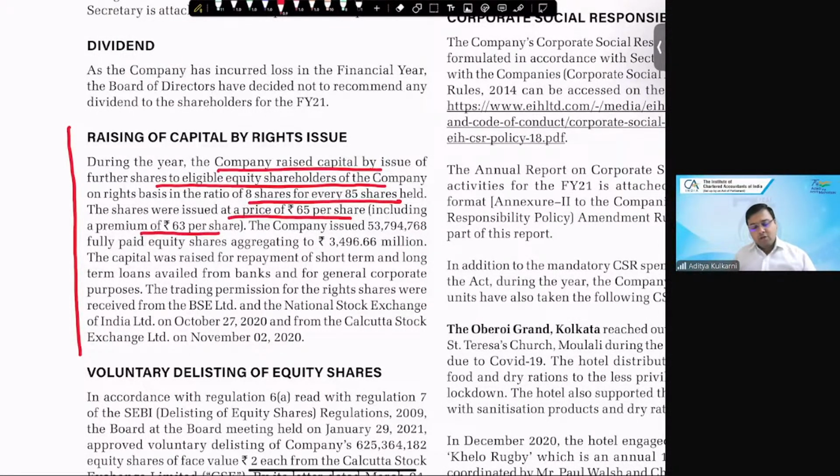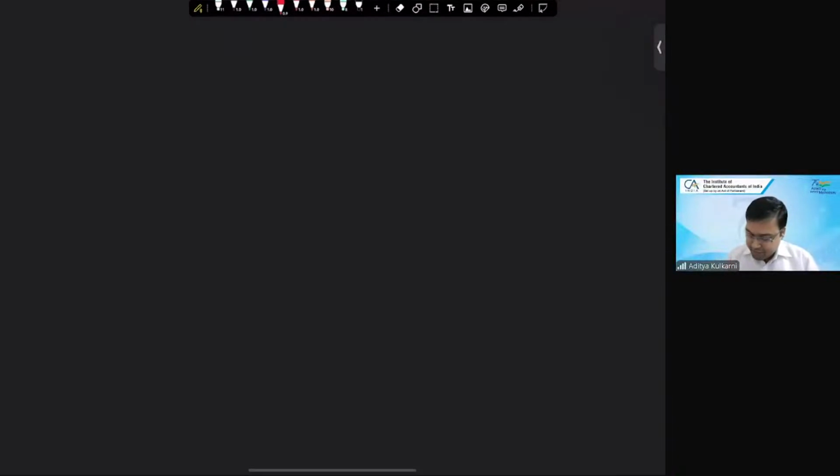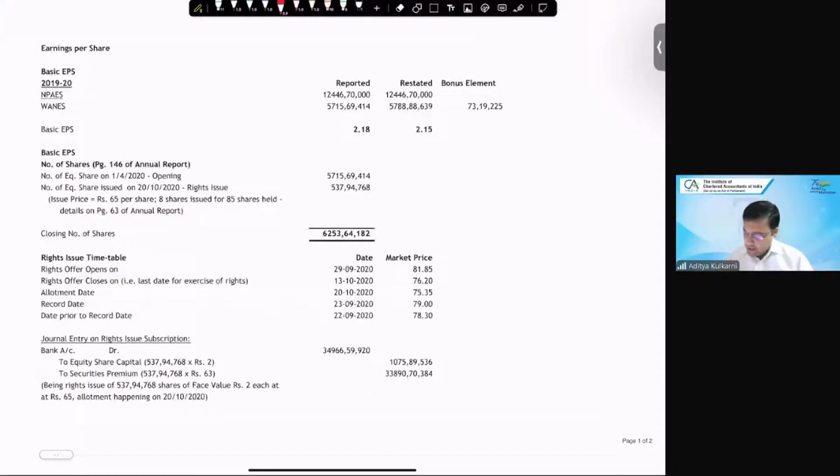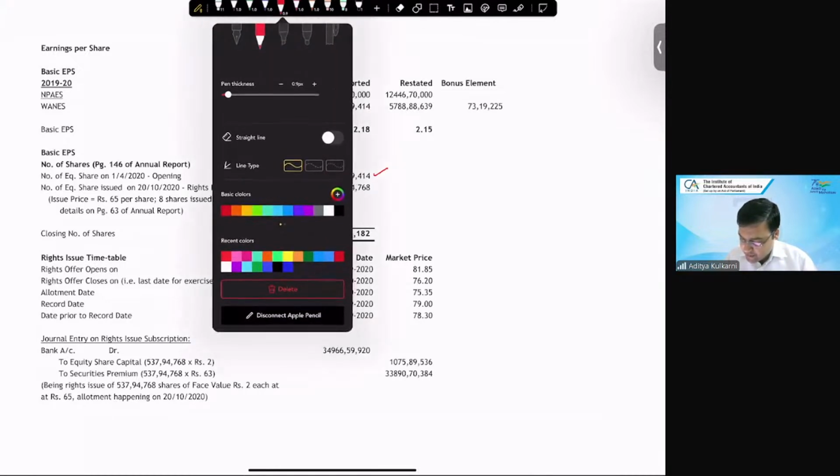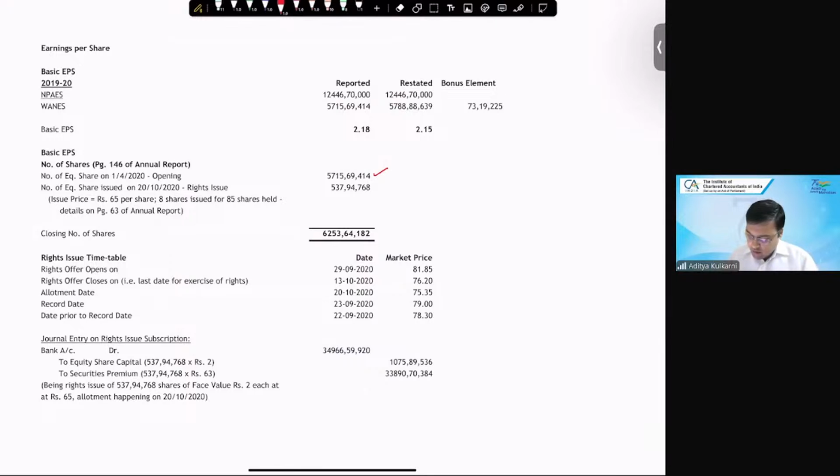Understood? So my rights ratio is 8 shares for 85 shares held at a price of 65. Okay. So if I come to the structure, this was the number of equity shares that we had in the beginning. 8 to 85, so you multiply, you will get 53,794,768, giving you the closing number 625,364,182.